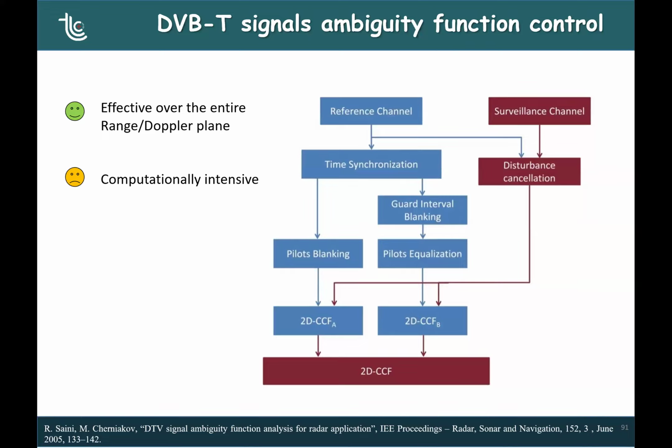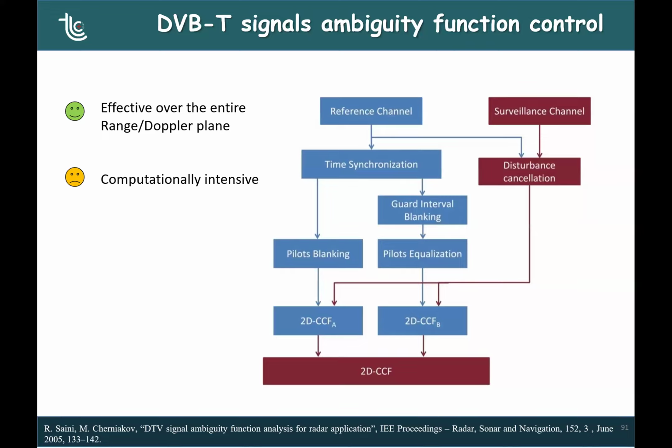So if you are curious and if you want to see how these algorithms are implemented in detail for the DVB-T signal, then you can look at the paper that is cited at the bottom of the slide, that dates back to 2005. There are other papers after that with more efficient algorithms, but that is the idea.